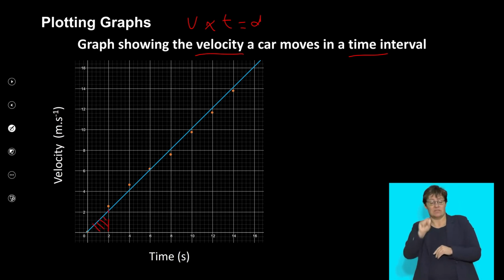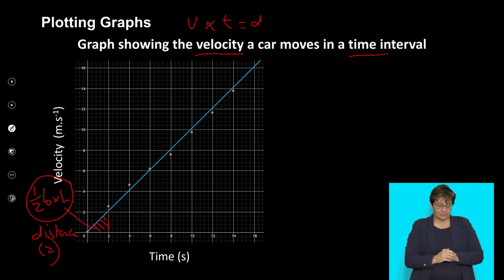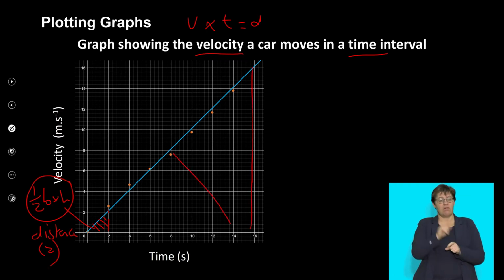That little area is a triangle, and we would use the formula for the triangle as half base times height, and that calculation will actually give us the distance the object has moved in the first 2 seconds. And so as we carry on, we can then find the distance for the whole time of motion using that big triangle and do that sort of calculation.